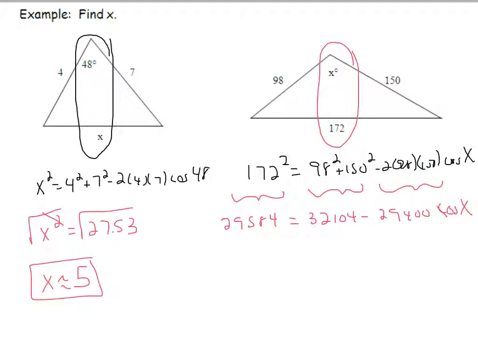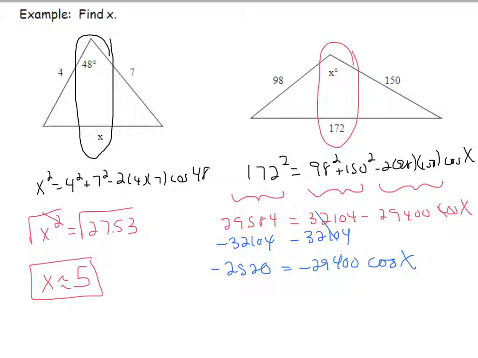So the first step was to do 3 parts. So I squared them and added them, and then multiplied. So now we subtract. If you take 295.84 and you subtract 32.104, you should end up with negative 2520, negative 2940 cosine of x.